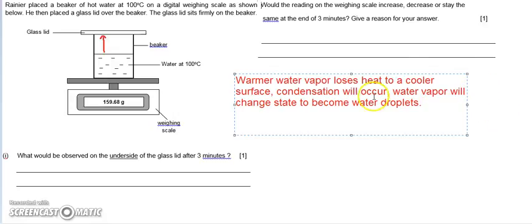Right, so we know that warmer water vapor loses heat to a cooler surface. Condensation will occur and water vapor will change state to become water droplets. That's what condensation is all about.